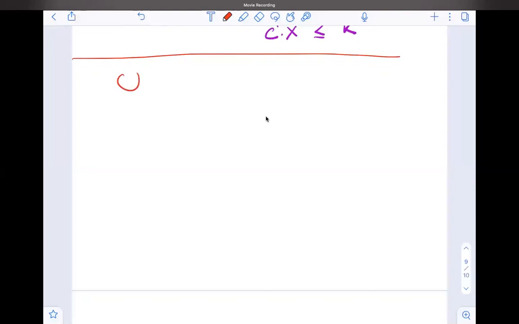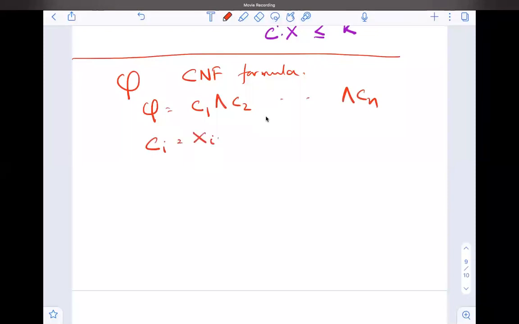We have been given a phi, which is a CNF formula, which is basically C1 and C2 and so on till Cn, and Ci, as we pointed out, is xi1 or xi2 or xi3.